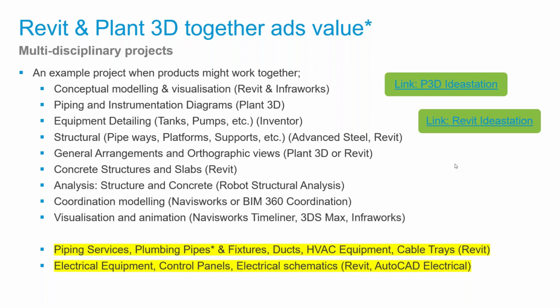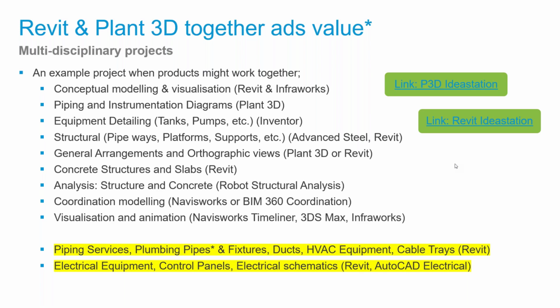And it's not only those two products, because we can also use other Autodesk products very efficiently here. And here I listed some examples. So for conceptual modeling and visualization, Revit and InfraWorks can be very efficiently used for a plant project.